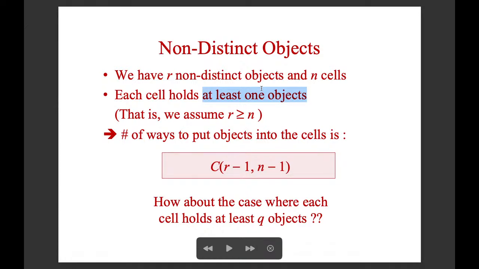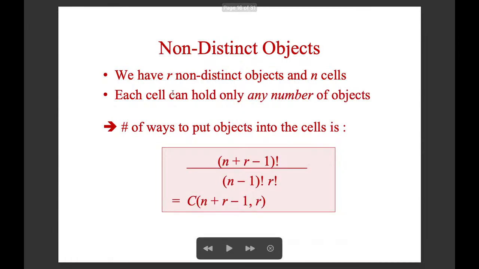After we put one ball into each box, we are getting back to the same setting as before. Each box can now hold any number of objects when we are distributing the remaining balls.